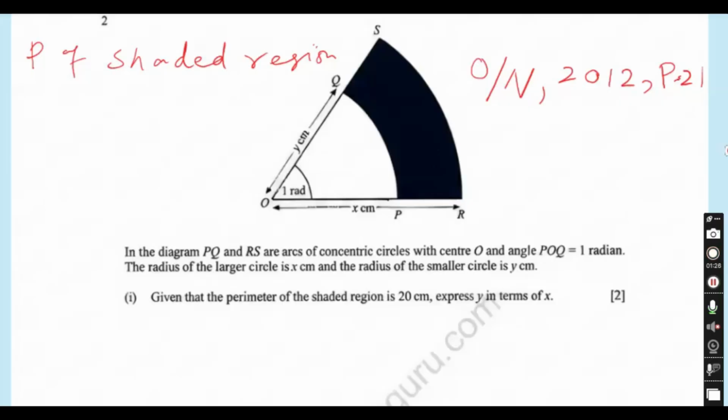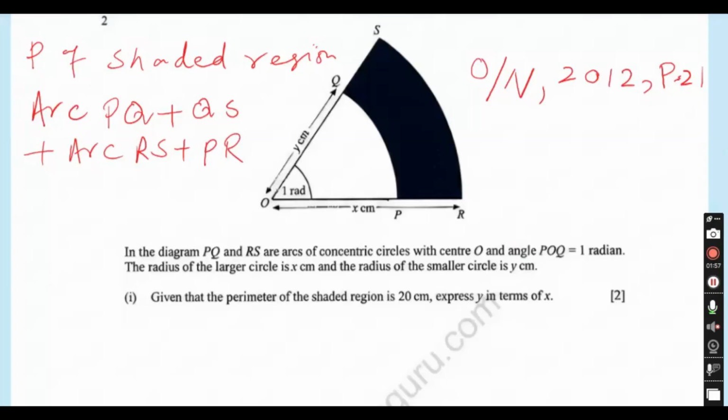One is arc length PQ. Second is the length of QS. Third is arc length of RS. And finally the length of PR. So if you find all these things, you will get the perimeter of the shaded region.